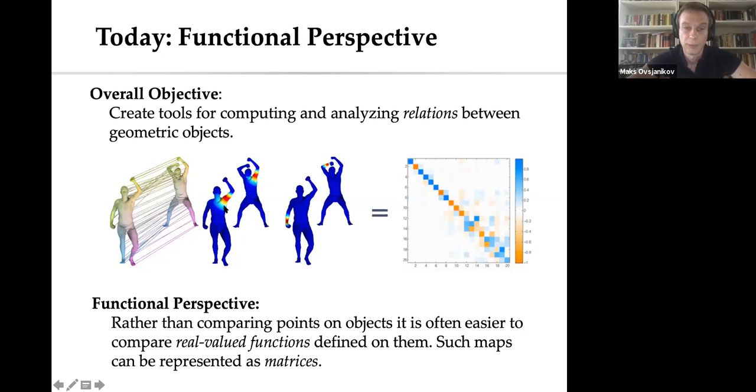Here I'm showing two shapes where a function is represented as a color, so basically every point has a particular color. It is often beneficial to find relations not between points, but between functions, because it makes a lot of the computations easier. The main idea is that these relations between functions can be represented as matrices. This is what I call this functional perspective.